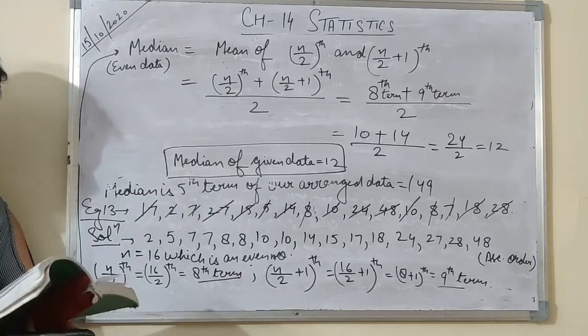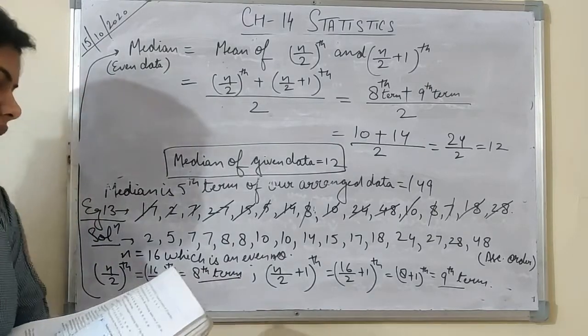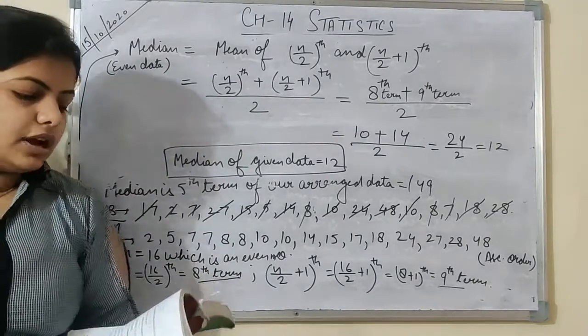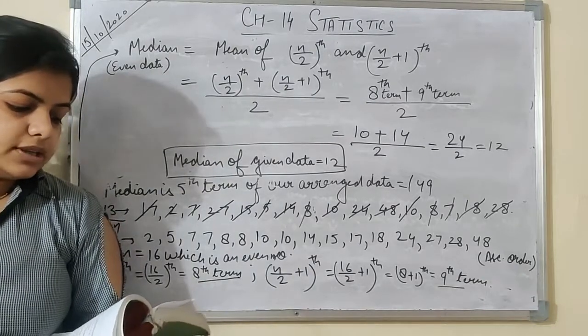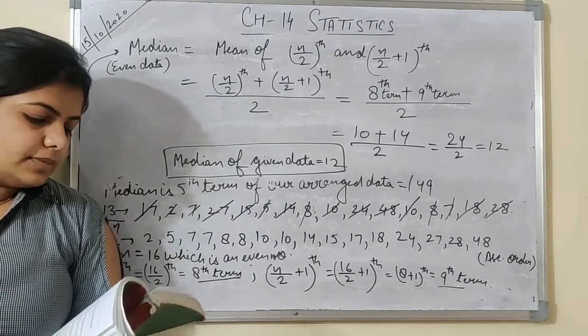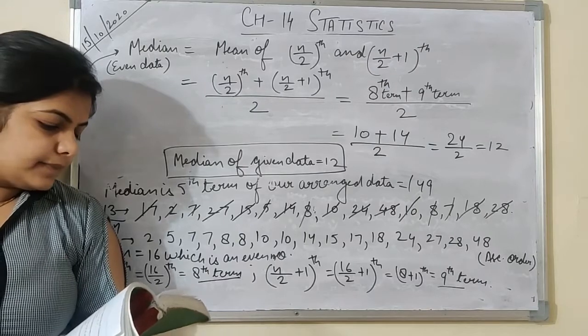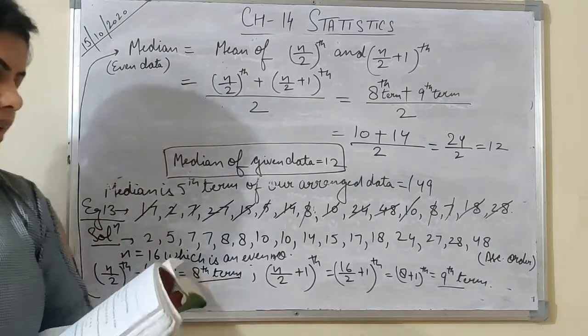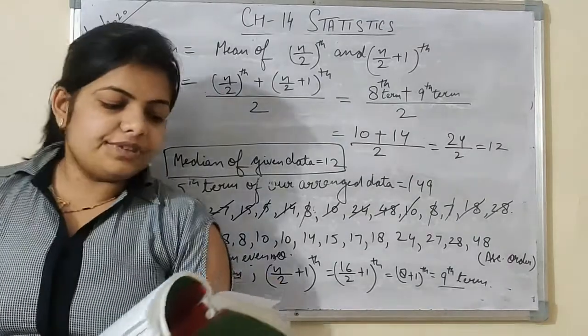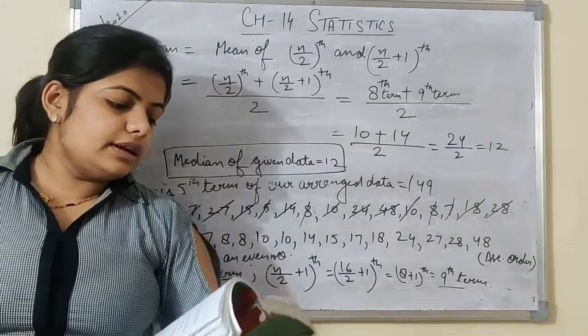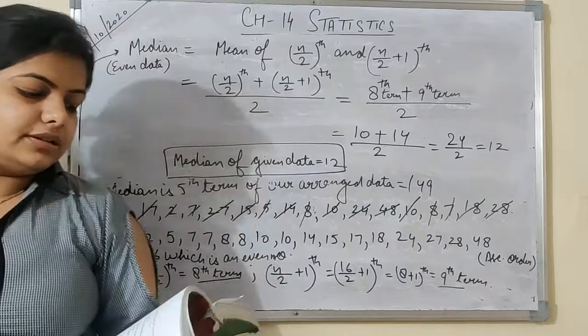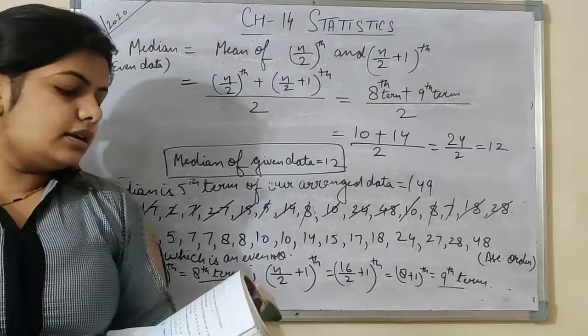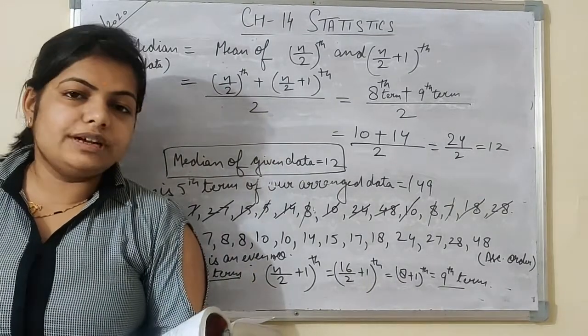Now your homework: example number 15 is again a very simple example. You have to find the median for 5 employees, where 4 are getting 5,000 per month, and only one is a supervisor, so he is getting 15,000 per month. You can just add their salaries and divide by 5 to get the mean. Next you have to find the median.